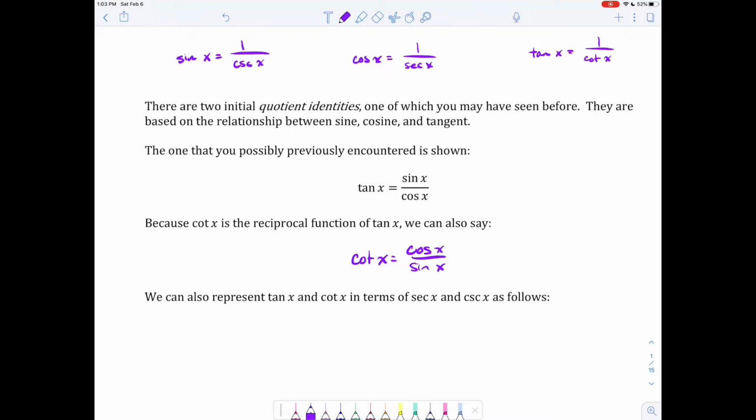We can, if we want, also represent tan x and cotangent of x in terms of secant and cosecant. So looking at tan being sine x over cos x, we can say that sine is related to cosecant. We can say that cosine is related to secant, and use those definitions to get a different way of expressing tan x.